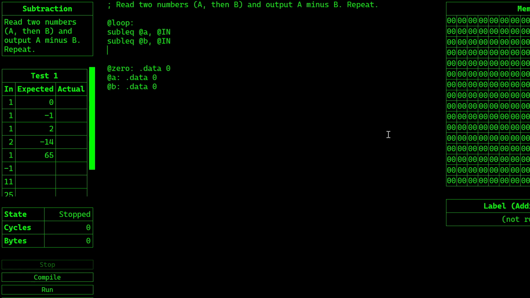But that's the opposite, which is what I want, but I'll have to negate it. So I should be subtracting B from A here, right?